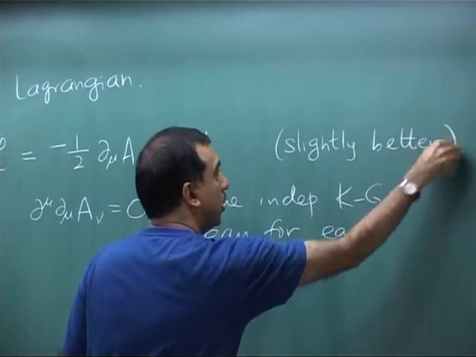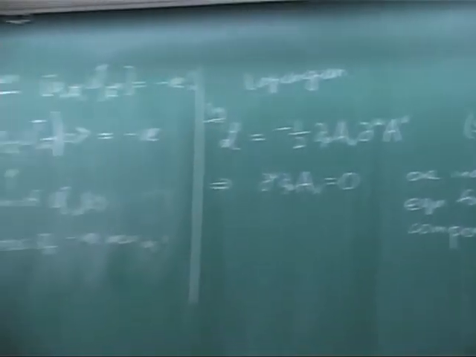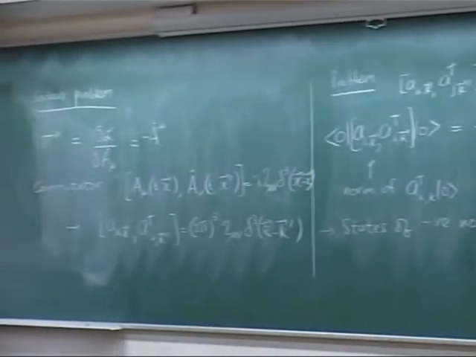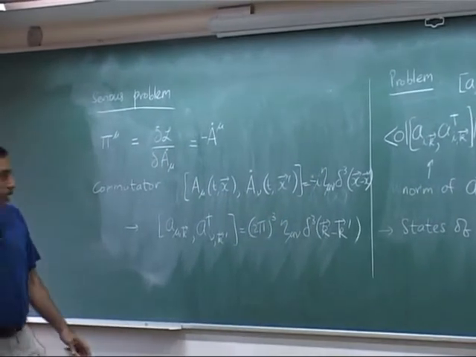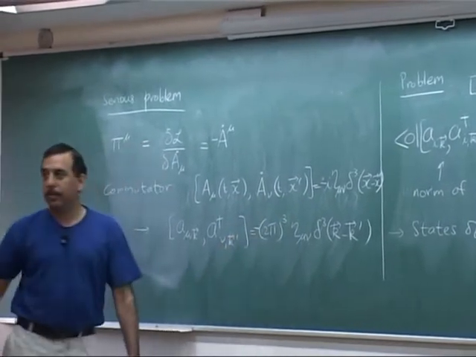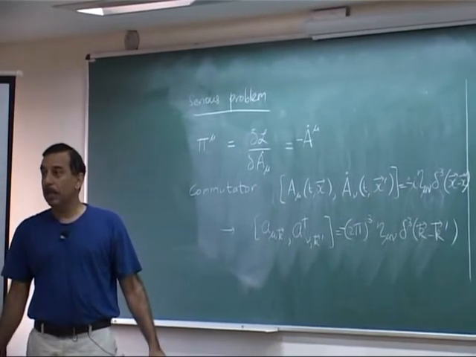The equation of motion doesn't change. If we go here, then pi is minus A dot. So this with this is minus i eta, and this is also minus. Yes.